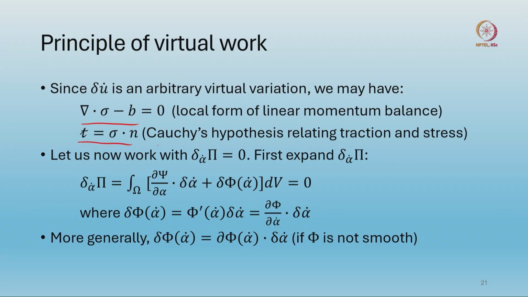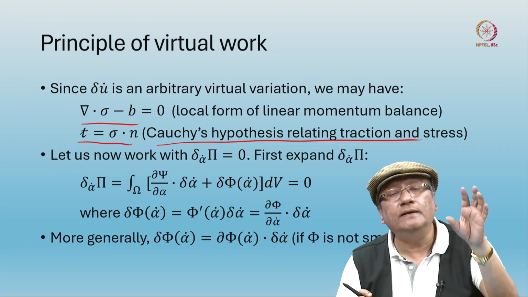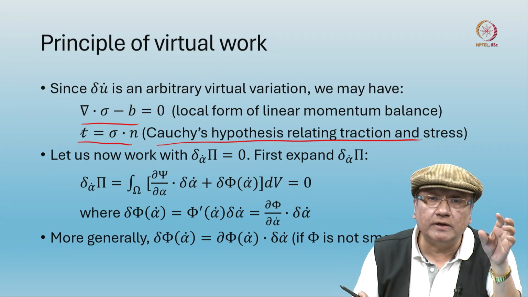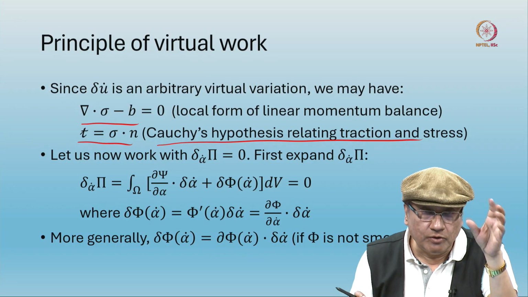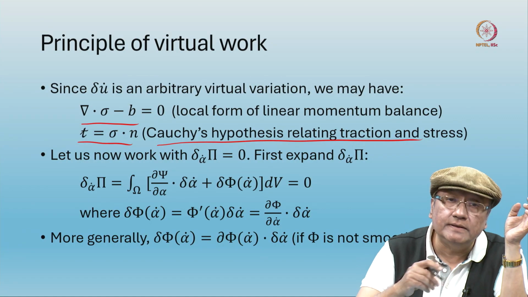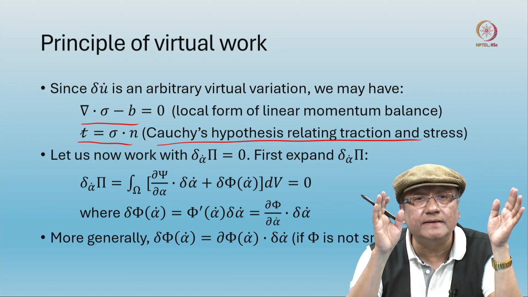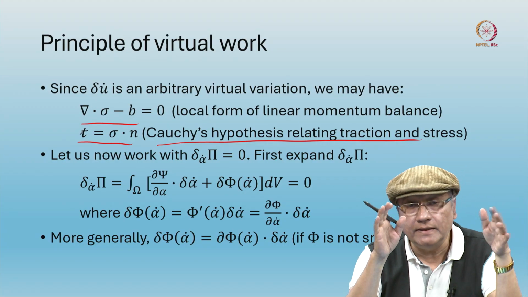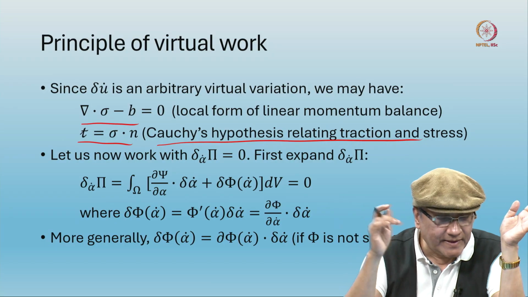This is the famous Cauchy's hypothesis relating traction and stress that we have discussed in the first 2-3 lectures, correct? So we have recovered, by holding delta alpha dot as 0, by holding the plastic strain rate fixed, the basic force balance for the whole body, right.